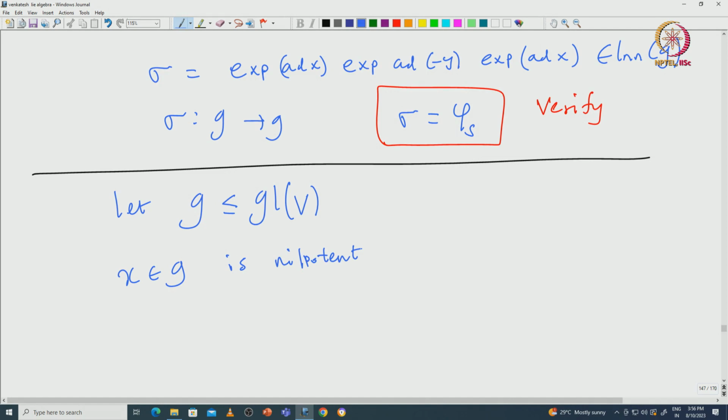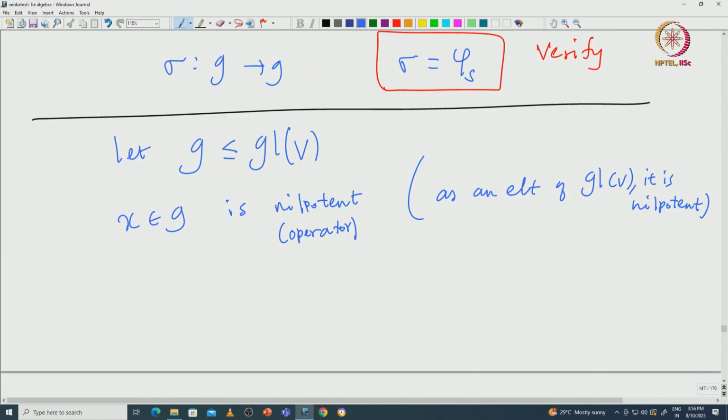That means as an element of GL(V), it is a nilpotent operator. Now we claim that ad x, which is a map from G to G, is again nilpotent.